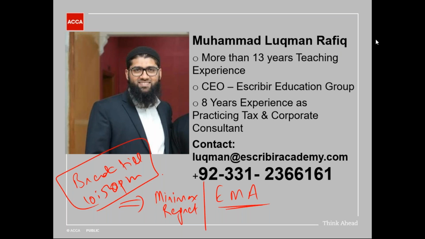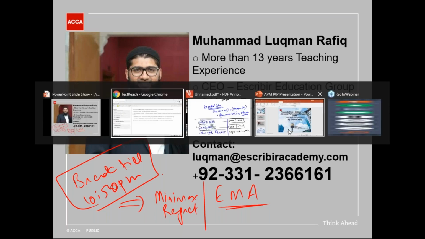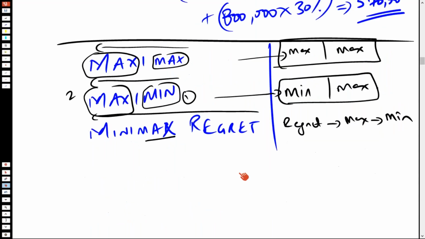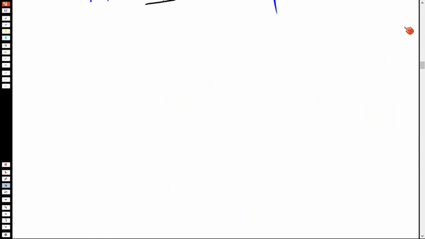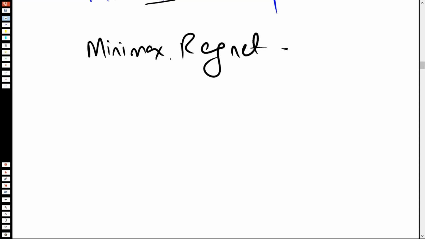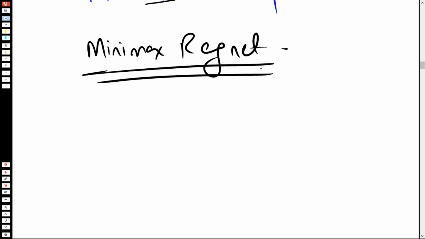Okay, welcome back. So we are now going to start off again, and let me guide you with the next area, which is called Minimax Regret. Now let's try to understand what exactly Minimax Regret is.